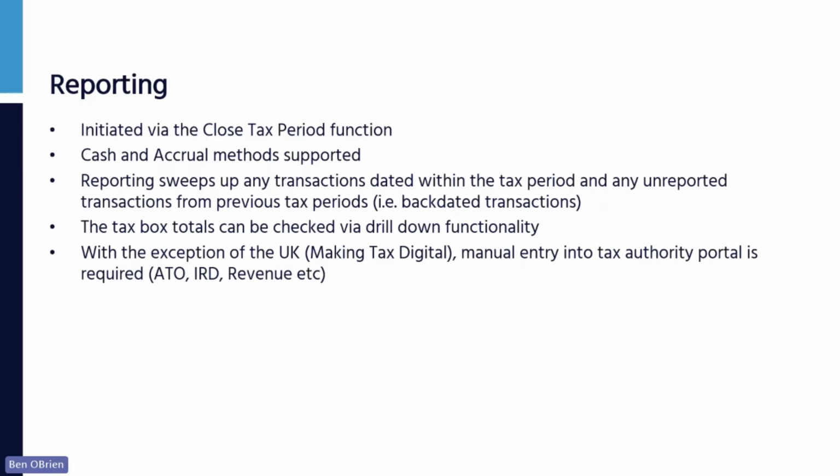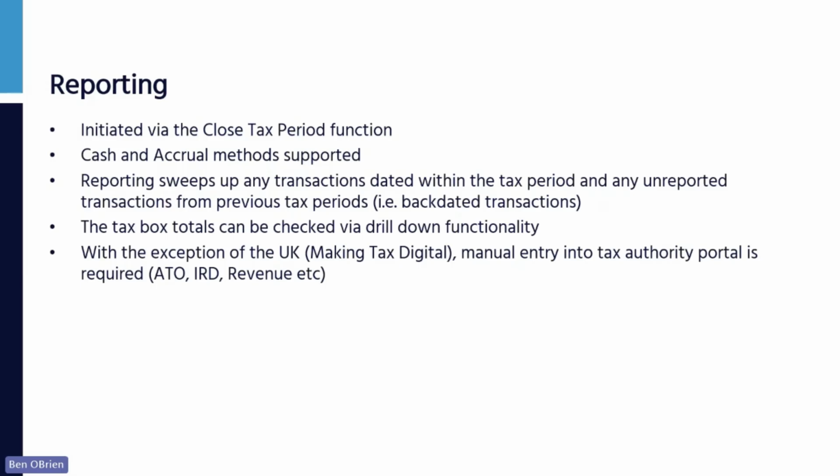So that's the way that works. And hopefully that would just be very exceptional circumstances where you do need to backdate something that has a tax effect, given that most tax periods have a buffer of a couple of weeks before you actually need to report them after their end date.